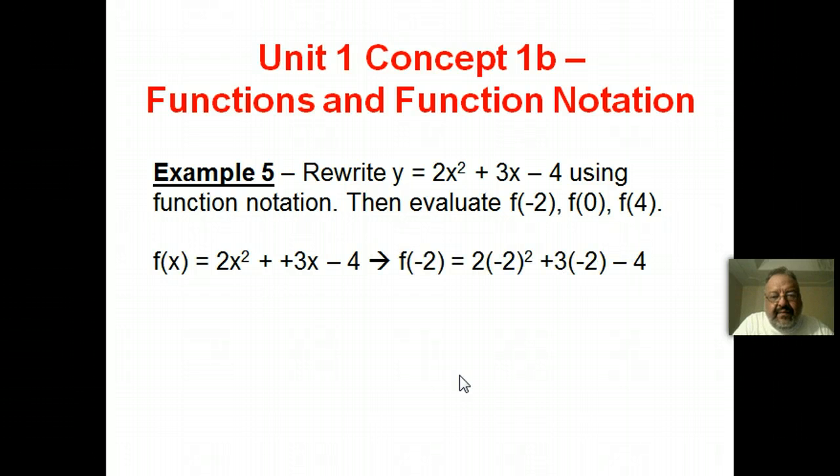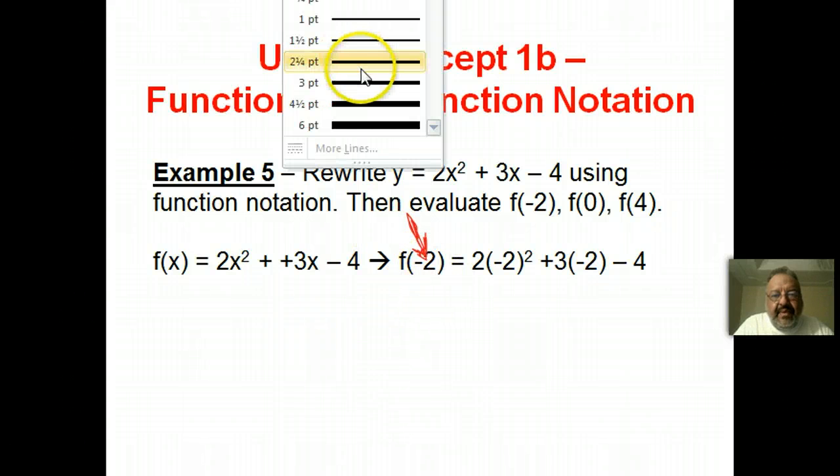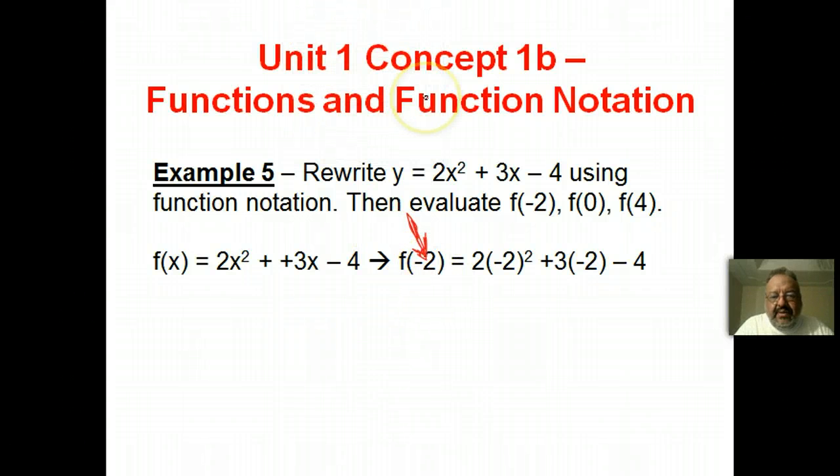Now for evaluating f of -2, I'm getting the -2 and plugging it in for the x. It's supposed to be an arrow there. So I plug it in for the x everywhere. That includes here and here, not here. And I evaluate it. That means I get a number, an answer.